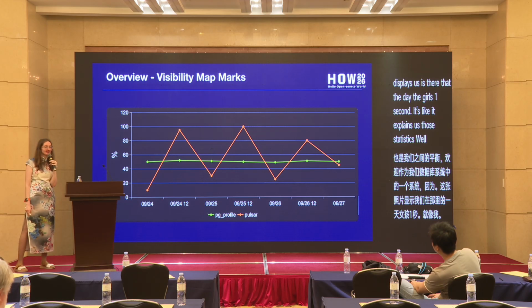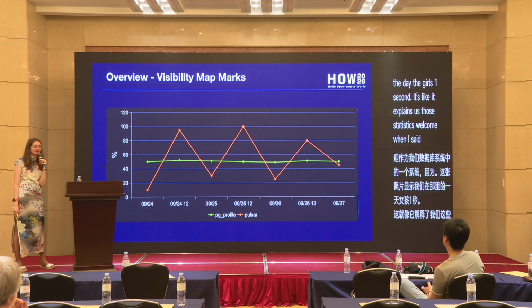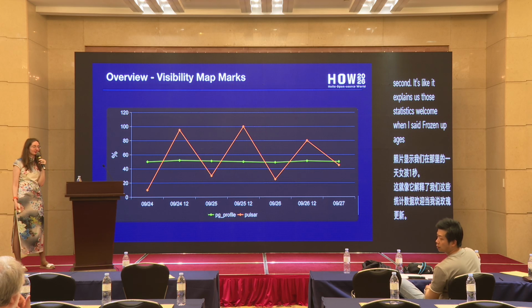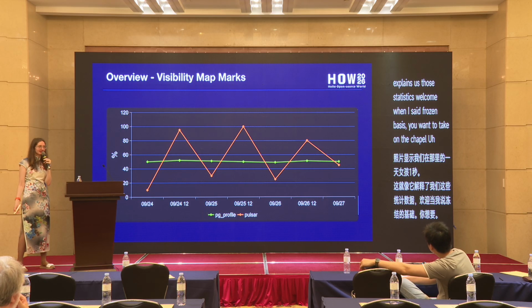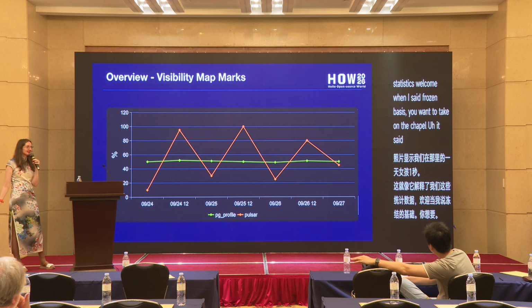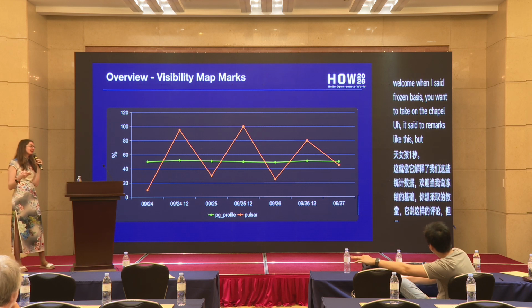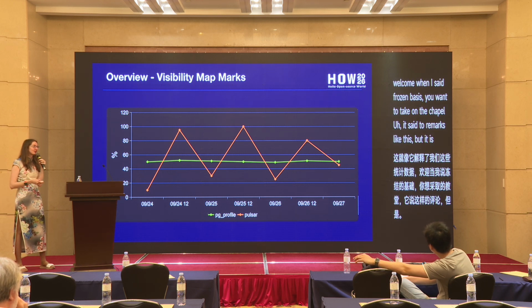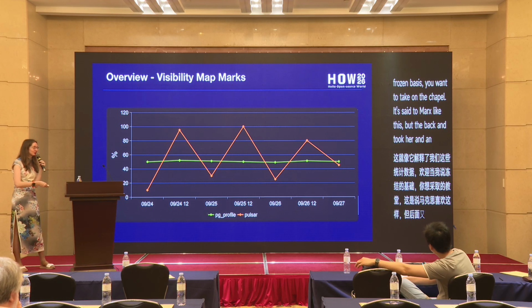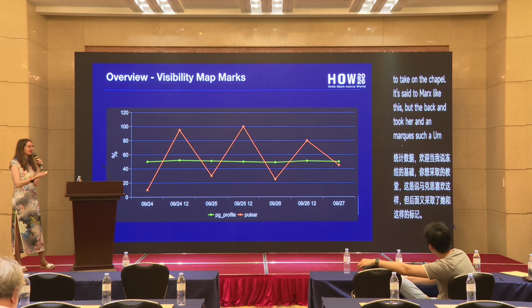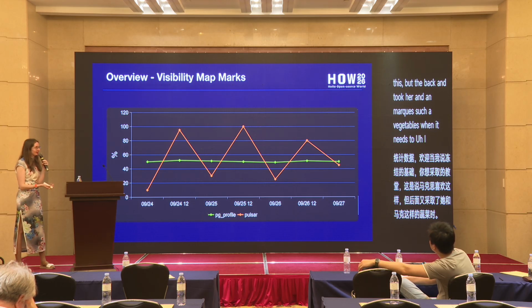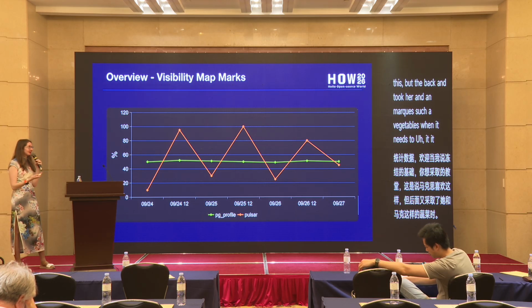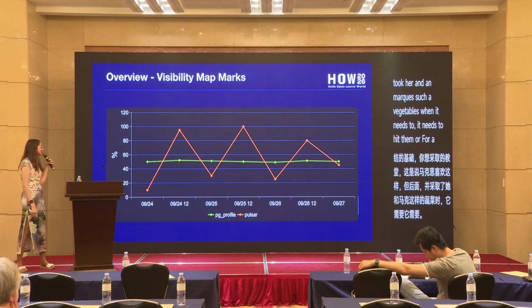When vacuum sets frozen pages on the tuple, it sets marks like this, but the backend can unmark such tuples when it needs to read them, or provide information for them, and so on.